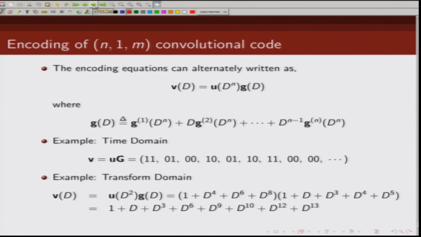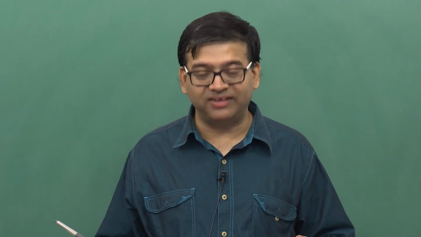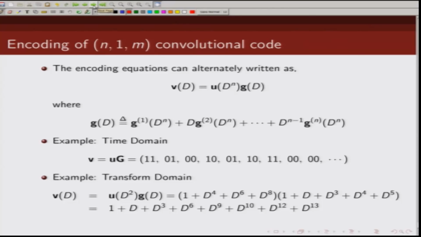So, with this I am going to conclude this lecture. I just want to make another point, that the generator sequences we saw, for example G1(D), which we wrote as 101, and G2(D), which is 111, are typically represented using octal notation.